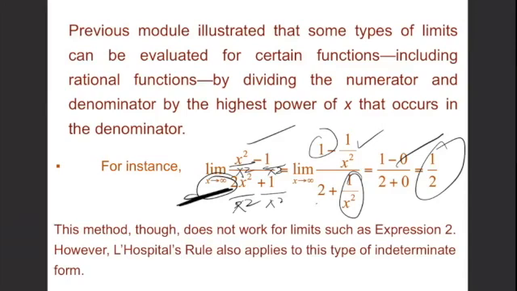The limit of sine alpha over alpha as alpha approaches 0 equals 1 is also an approach if it involves trigonometric functions. But if you have considered these approaches and they did not work, that's the time that you apply L'Hôpital's rule.